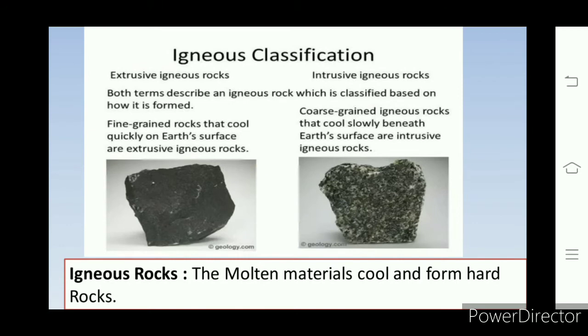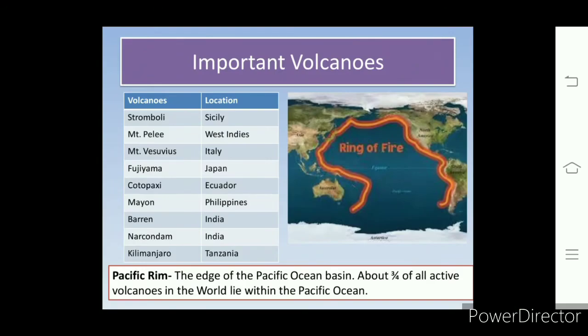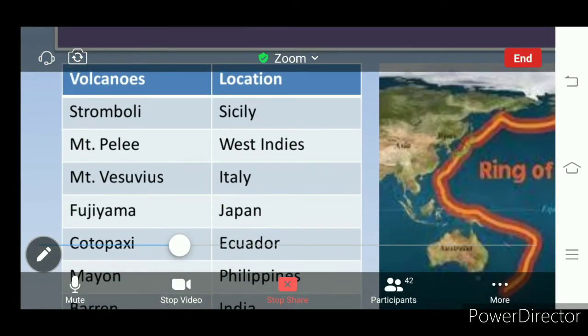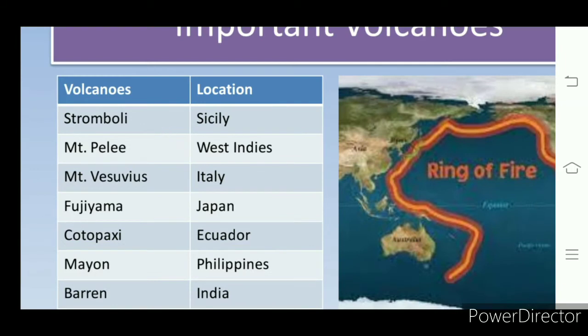Then next is that there are some important volcanoes in the world. Here you see what the important volcanoes in the world are. Stromboli, it is a volcano we find in Sicily.